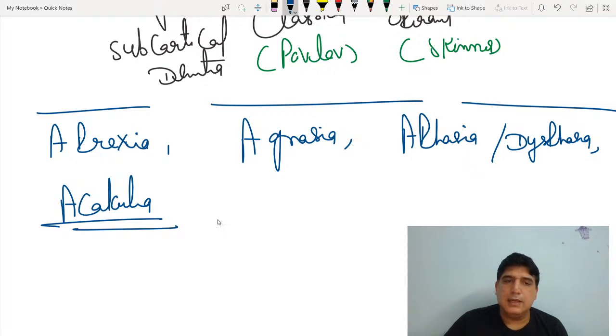These are other higher mental functions. Apraxia is the inability to carry out motor activities despite the motor system being intact. Agnosia is inability to recognize objects despite the sensory system being intact.